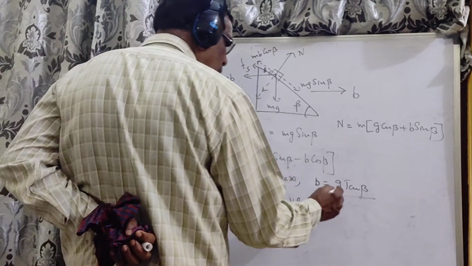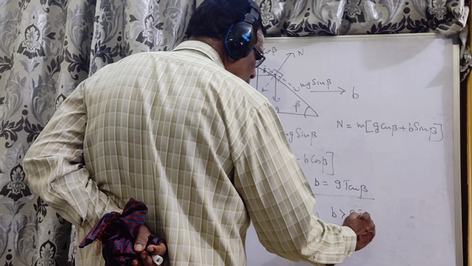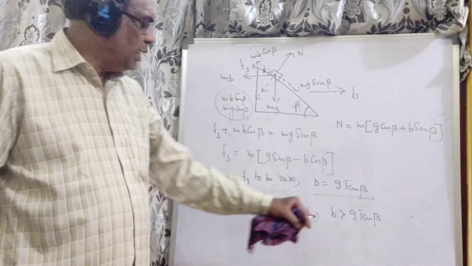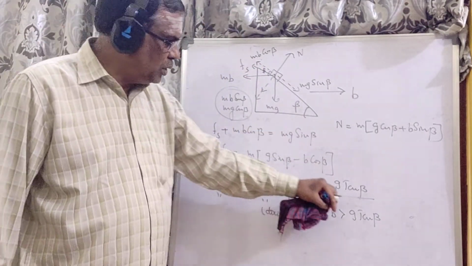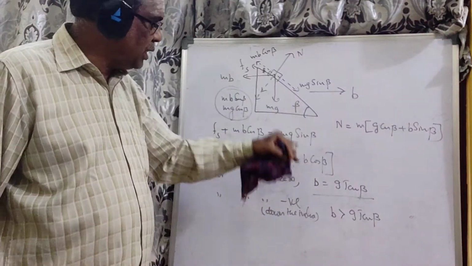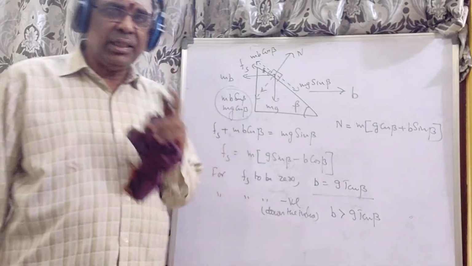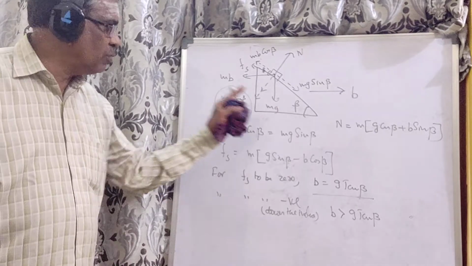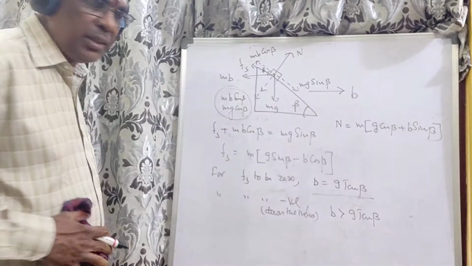Then what you should say? b must be greater than g tan beta. Less than g tan beta, up the incline. Equal to g tan beta, no frictional force. More than g tan beta, down the incline. Everywhere in these problems you come across these things. So be careful when you do this. Is this clear to you? Right.